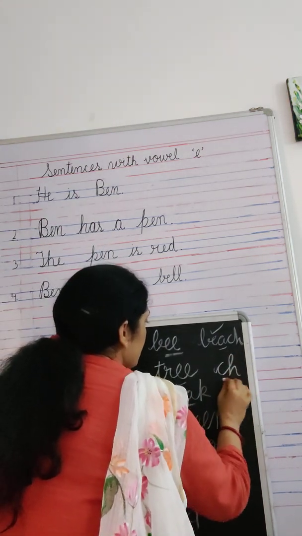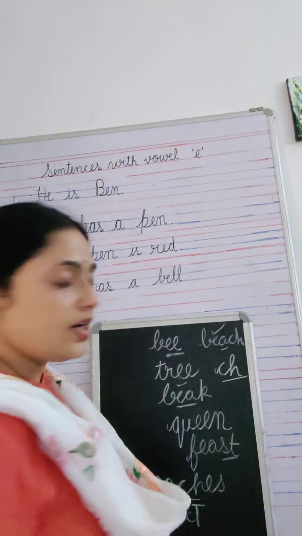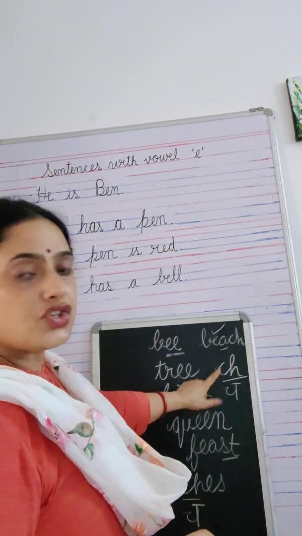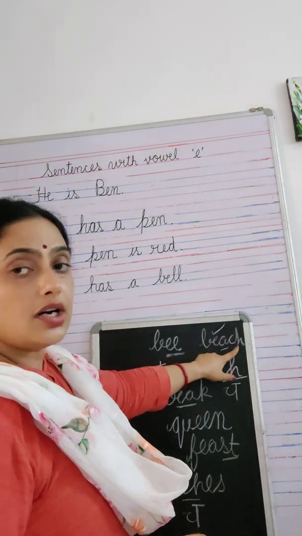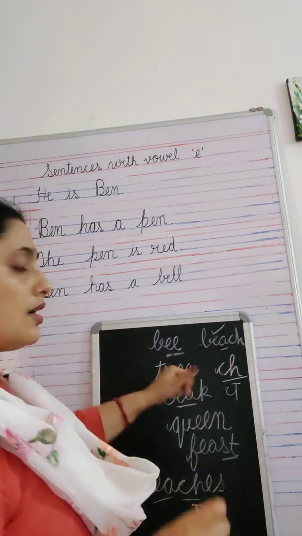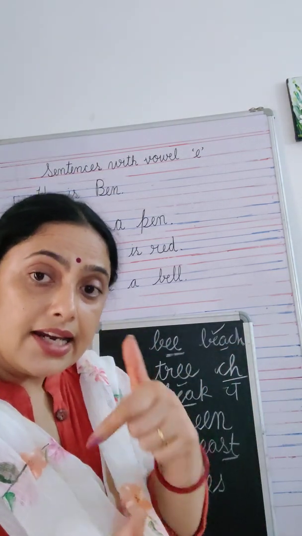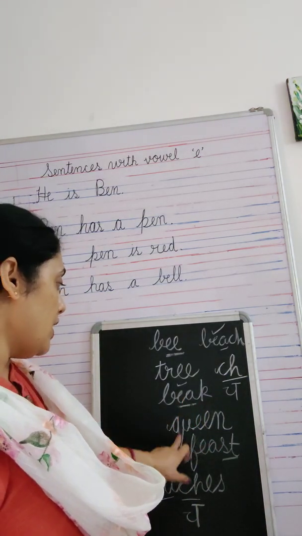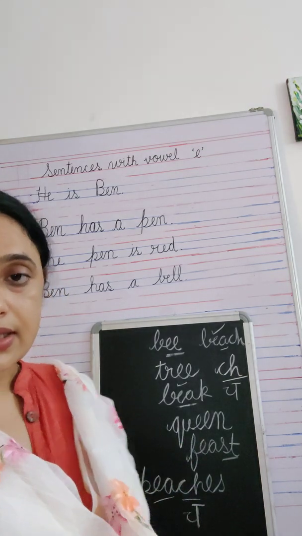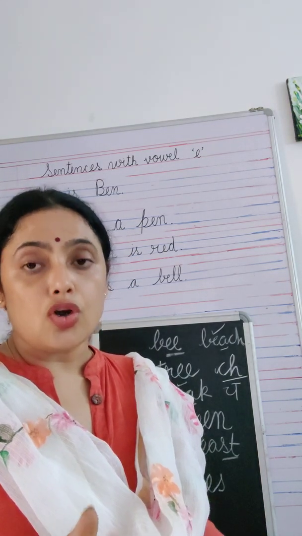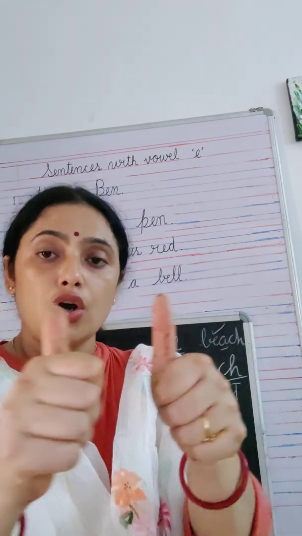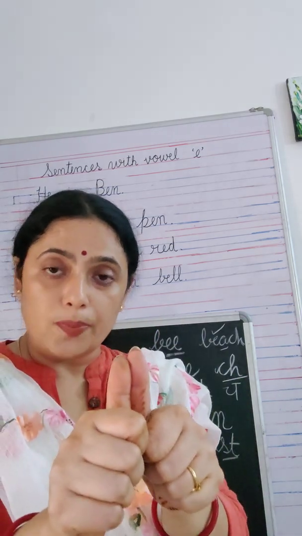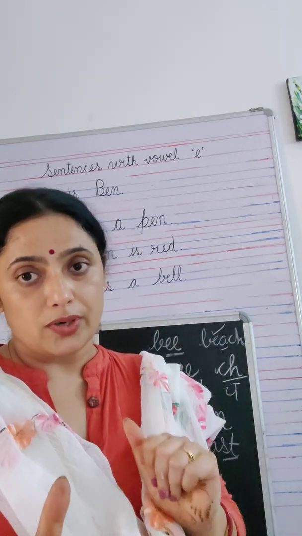Babies, do you know what this is? This is Ch. Whenever you see this, you will call it Ch. B, E, Ch, beach. T, R, E, tree. B, E, K, beak. The long sound is there. Whenever Q is there, you will always follow it with U, stick with glue.